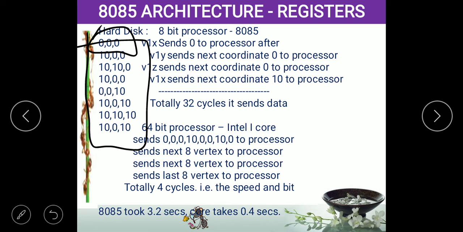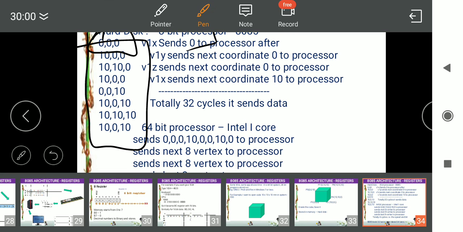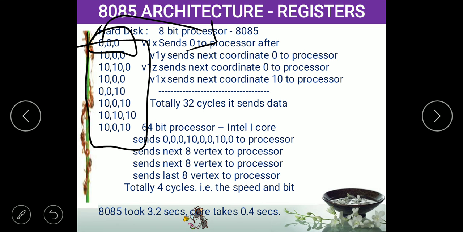In that vertex it will take the first 0 and send it to the processor, because it holds only 8-bit data. After sending it, it will take the second 0, the third 0, and then go to the second vertex 10 0 0, the third vertex 10 10 0. It takes them one by one, because it holds only 8 bits, and only after sending to the processor does it take the other values.